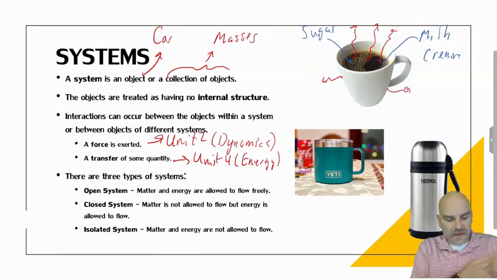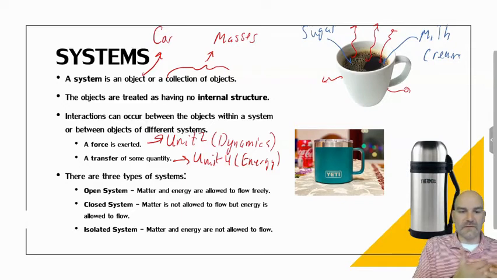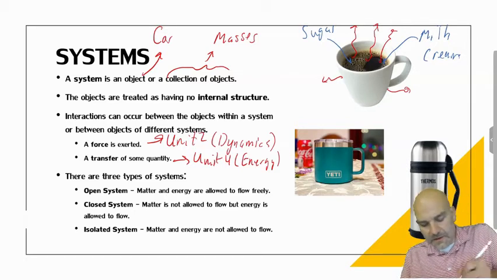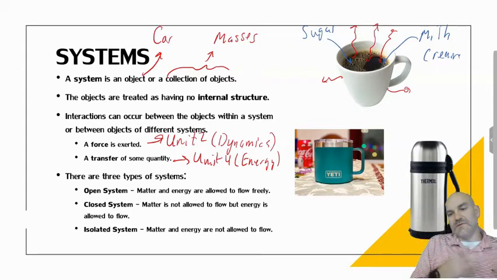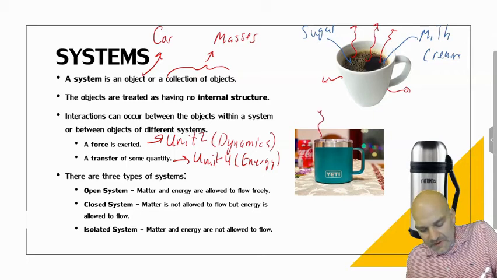A closed system, again with matter meaning mass or stuff: matter is not allowed to flow, but energy is allowed to flow. So I can't put things in, but energy can come out. Think about a Yeti cup. I know the outside is a nice vacuum sealed container, but the lid still has heat going in and out.